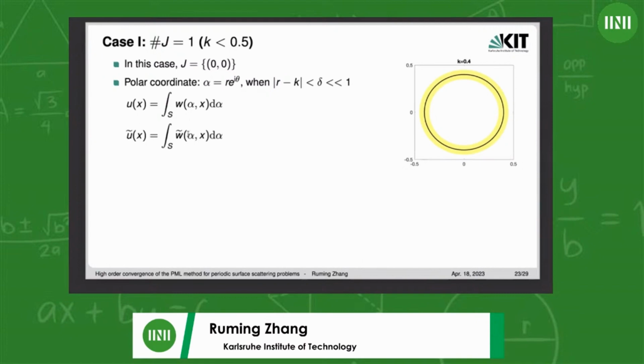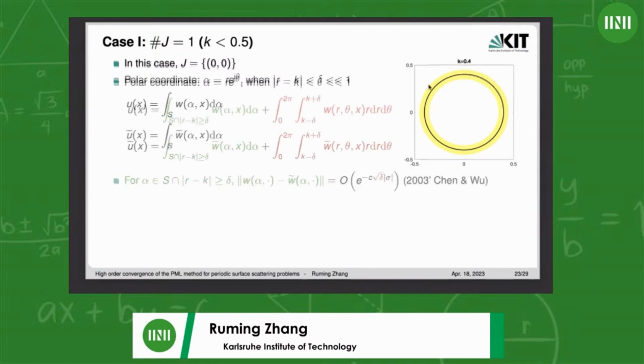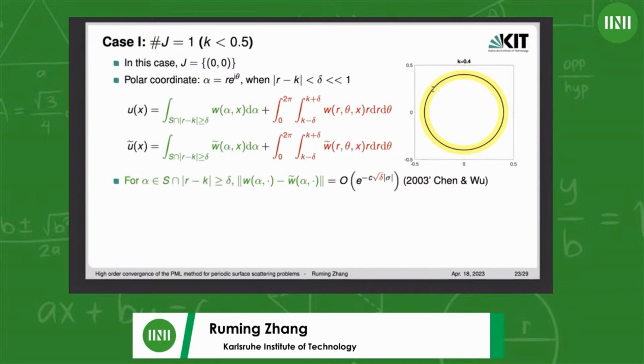We only need to worry about the part that lies within the yellow part. So we use the polar coordinate first and then write the integral as two parts. The integral is first in the square, then the blue part, the green part is when it is outside the yellow domain.